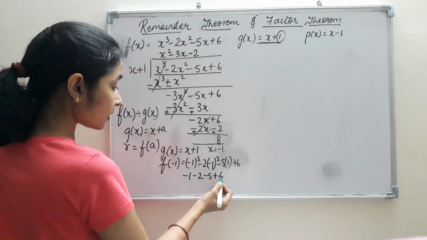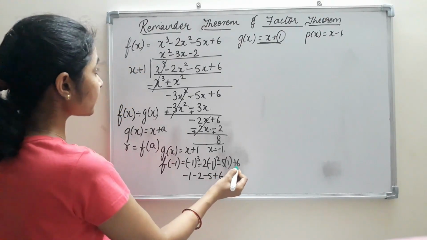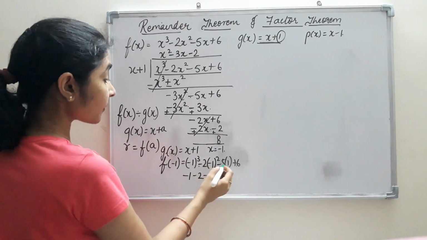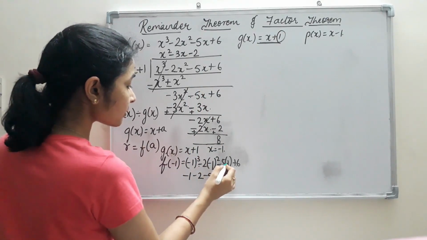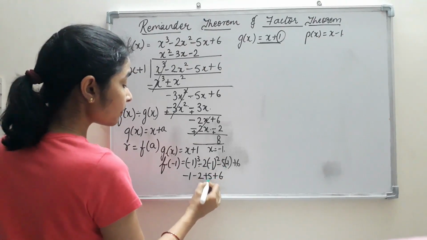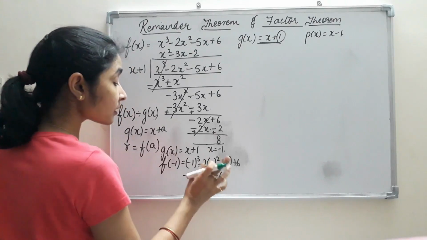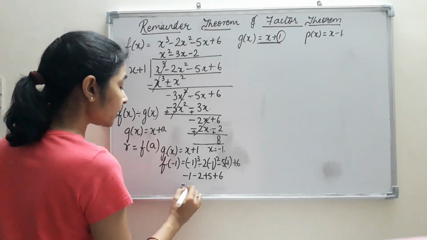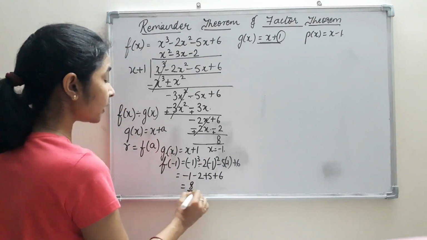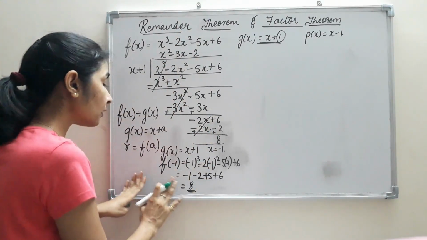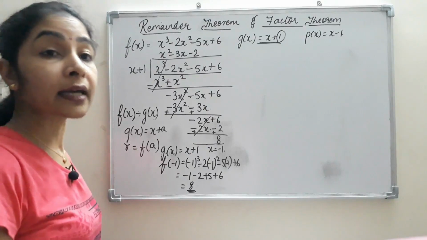Minus 5 into -1 gives +5, and plus 6. So 5 plus 6 gives me 11, and 11 minus 3 gives me 8. So I have got the remainder 8 here. Without doing such a big calculation, I have directly got the value of the remainder, and that is 8.